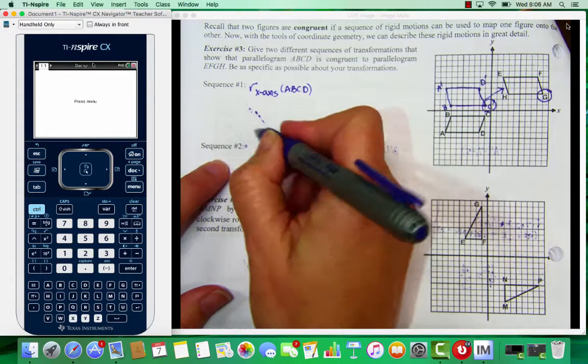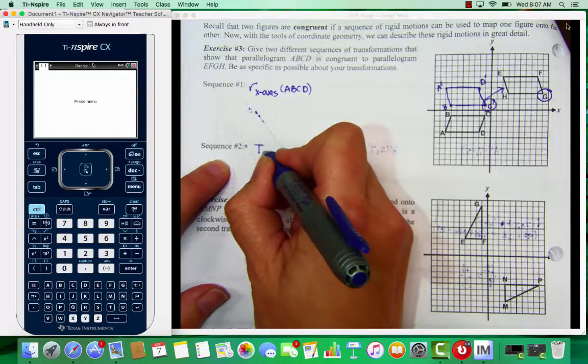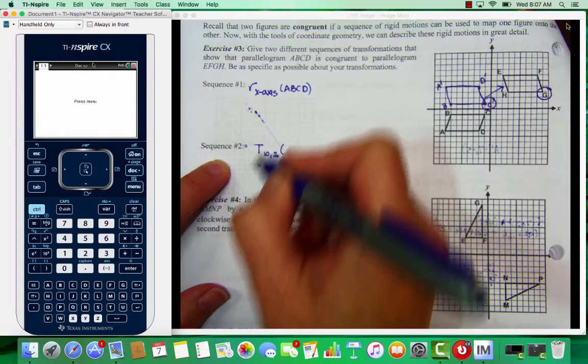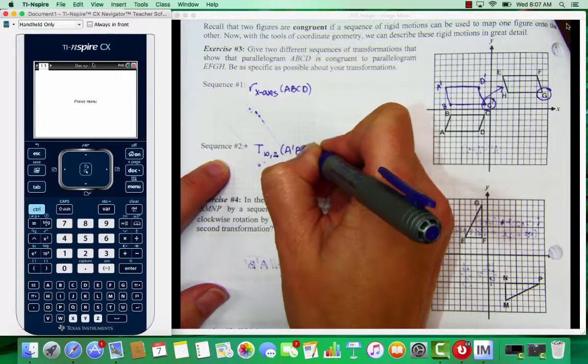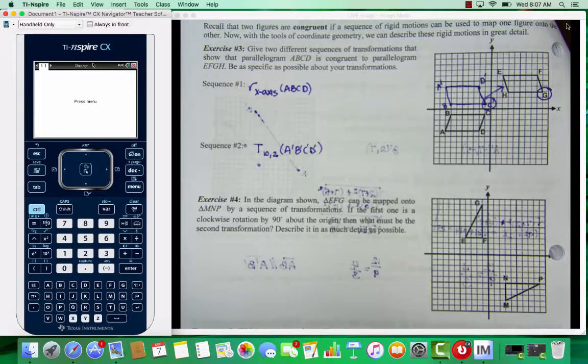So the second transformation would be to translate every single point over 10 and up 2. And I'm going to do that to every single point on A prime, B prime, C prime, and D prime. And once I do that, then it will get this parallelogram on top of that one. And then I would know that they are congruent because they're in exactly the same space.